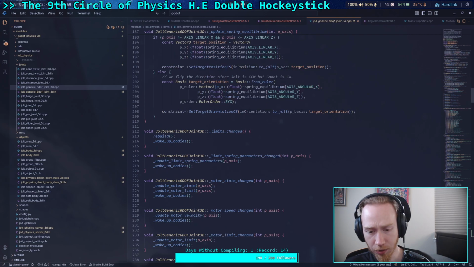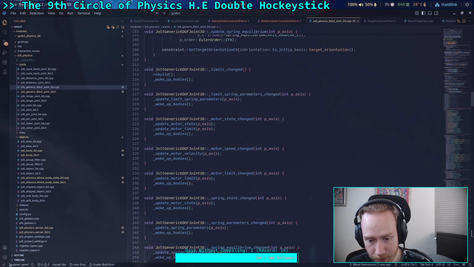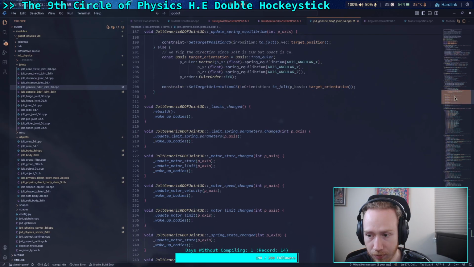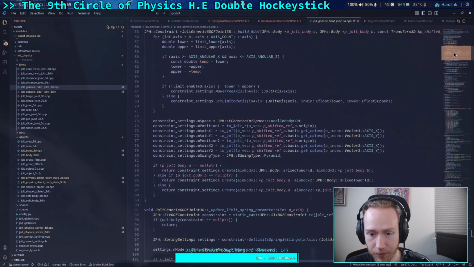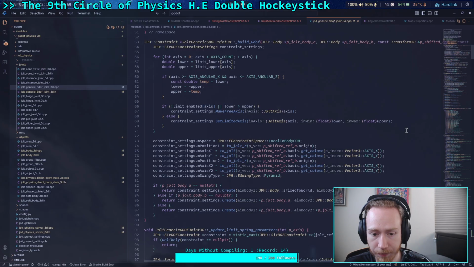Limits changed, rebuild. Just close rebuild. Limit lower. Axis angular lower is the negative upper and upper is the negative lower.